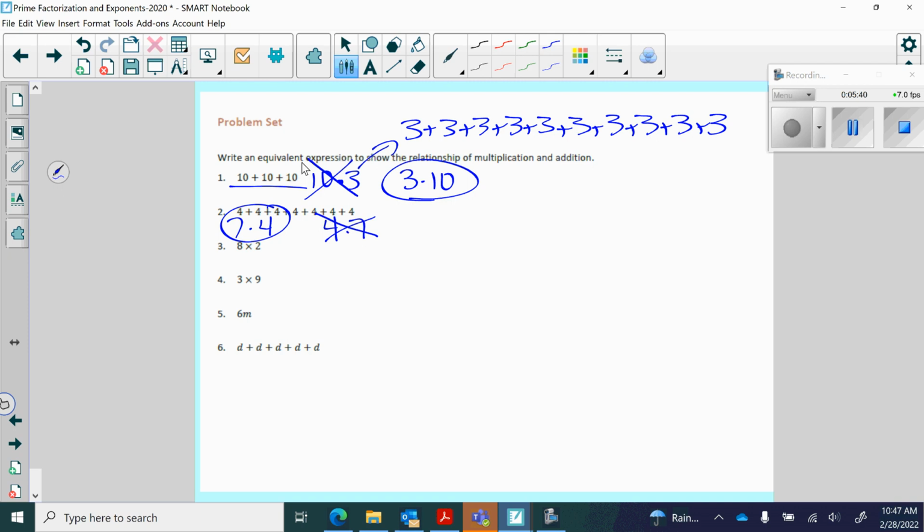Which is? Oh, it's 16? No. You're supposed to rewrite this as repeated addition or as multiplication.